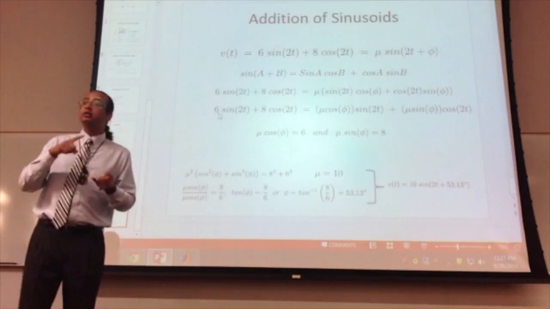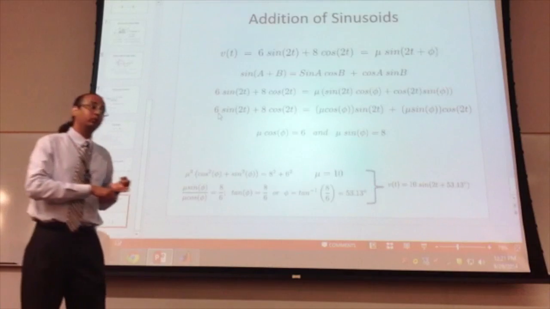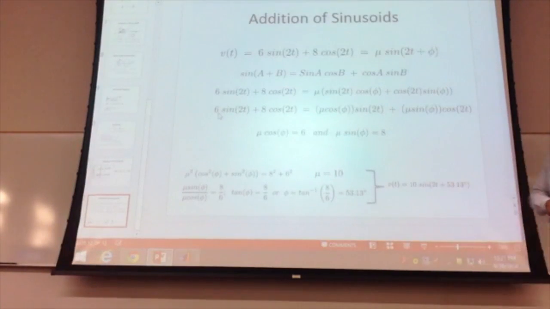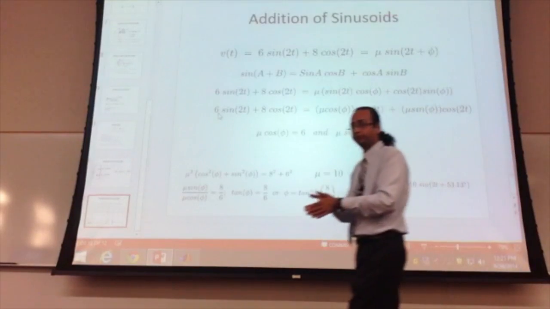When you add 2 sinusoids of the same frequency, your answer is also going to have the same frequency. Both sinusoids there, 6 sine 2t and 8 cosine 2t, have omega equals 2 radians per second. We're going to add these 2, and the answer is also going to be of the same form: amplitude, sine, omega t plus phase shift.